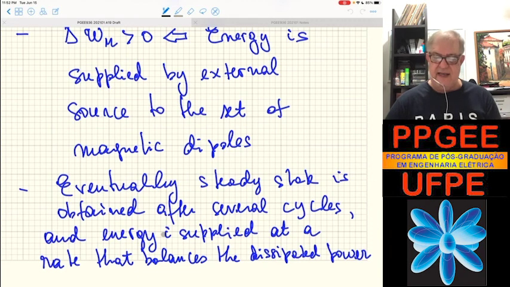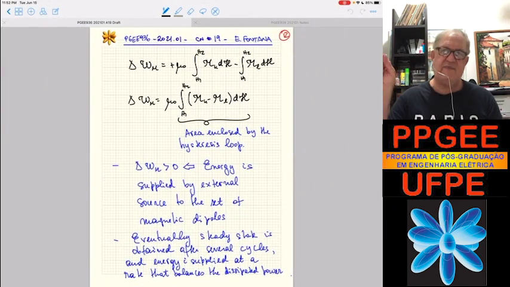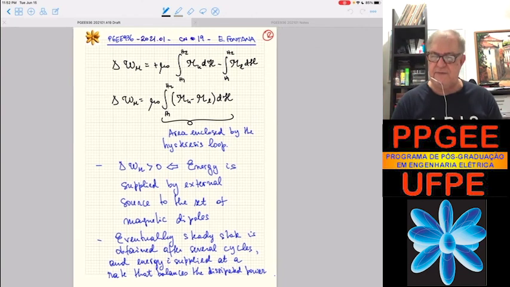Energy is supplied at a rate that balances the power dissipated in the material. That's what's called the magnetic losses in the material due to hysteresis loss. The fact that you have to follow different paths in a cycle gives that result.